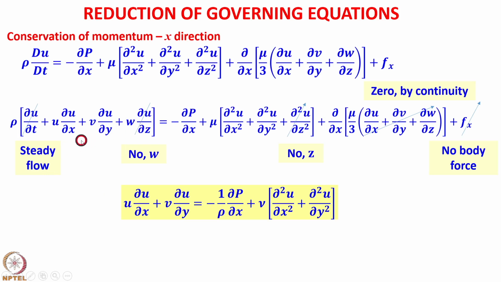So on the left hand side you are left with U dou U by dou X plus V dou U by dou Y, and on the right hand side you have minus dou P by dou X. The dou squared U by dou Z squared term is 0, and it is incompressible flow, that is del dot V, dou U by dou X plus dou V by dou Y plus dou W by dou Z, is 0, and there is no body force term Fx. So I am left with only these terms.